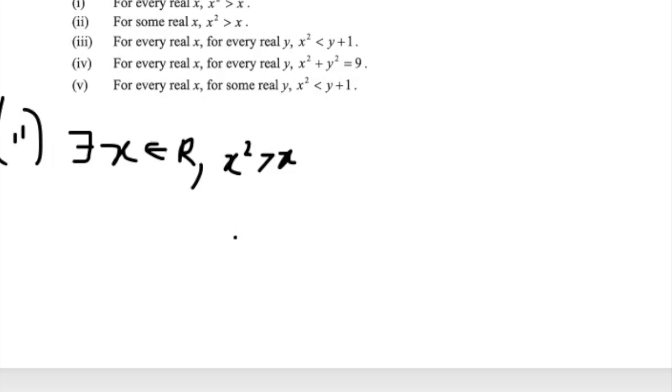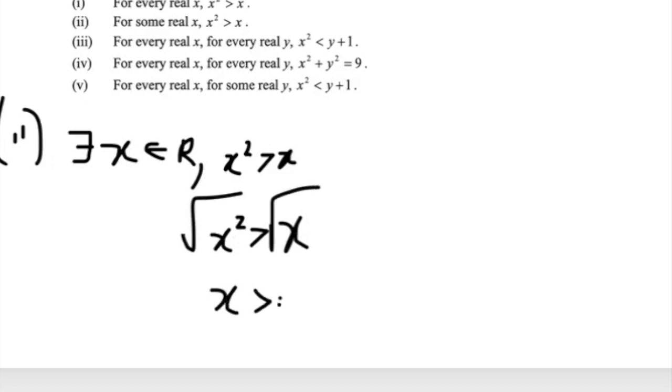Now, proving it, since it says provide a short proof, we can use square rooting both sides. If I square root both sides, I will have x is greater than root x. And looking at this, where x is greater than root x, it's still true.